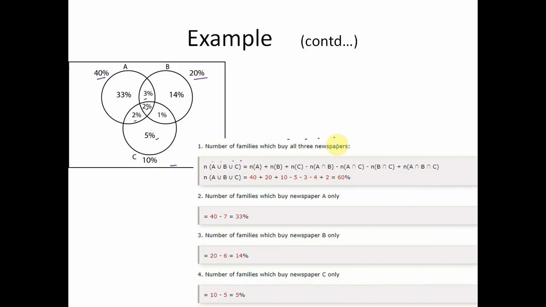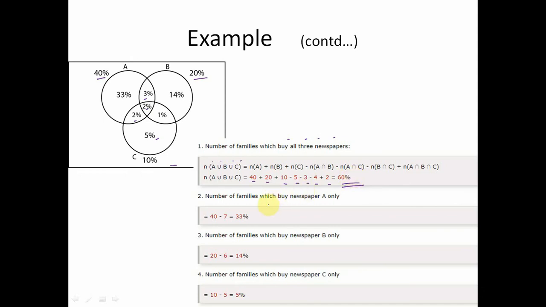So we apply them over here. So I get 40 plus 20 plus 10 minus 5 minus 3 minus 4 plus 2, that gives me 60%. So 60% people buy all the three newspapers.